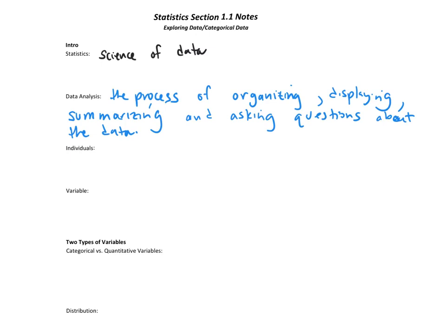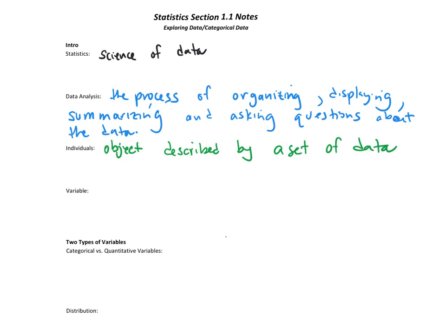Some other important terms that you'll hear a lot in the course. We talk about individuals a lot. An individual is just an object that is described by a set of data. So if my data is favorite color, then my individuals would be the people who like that color.